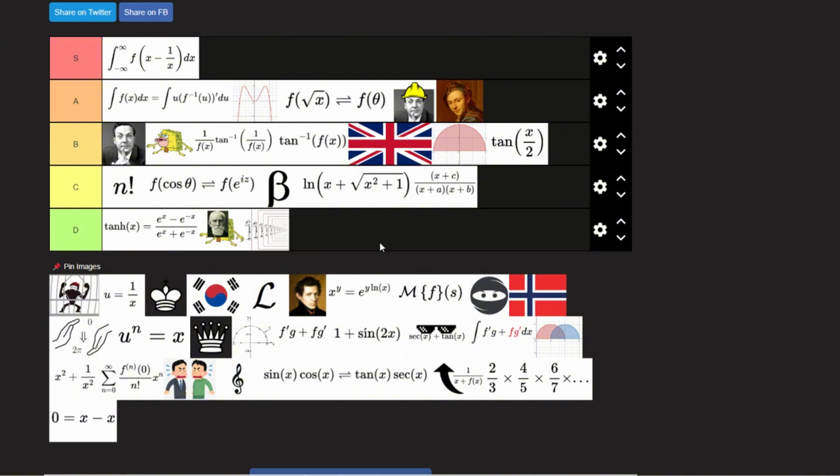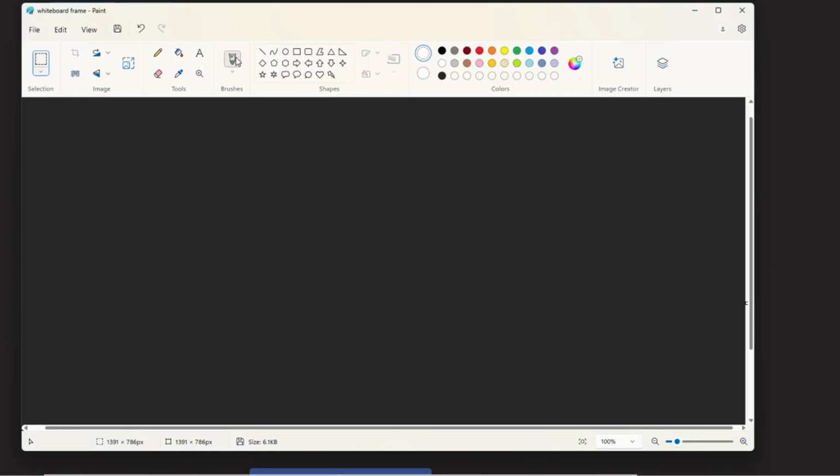Oh, no, that's D. I'm sorry, but I honestly hate integral recursions. I'll put it next to it. I'll say that it's cooler than hyperbolic, but integral recursions are just, we don't do that here. We don't do that in speed integration.